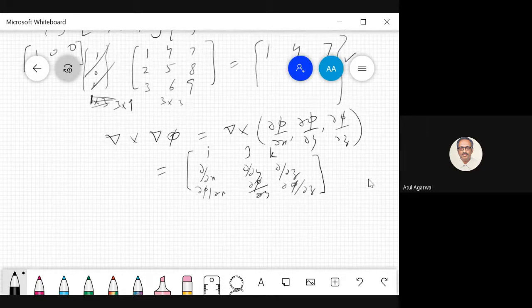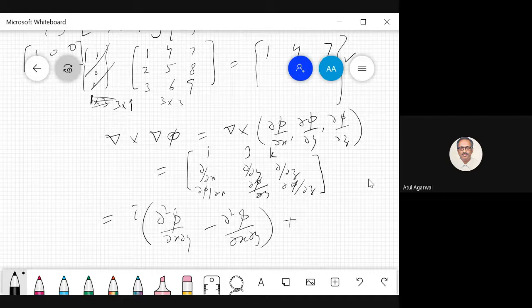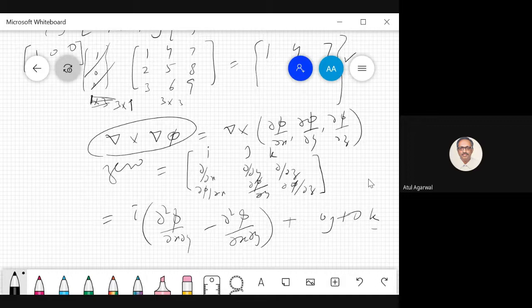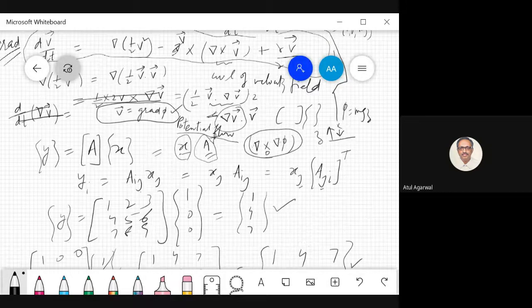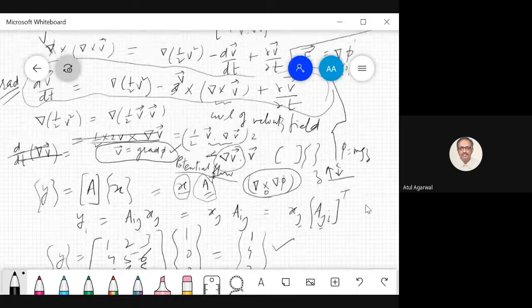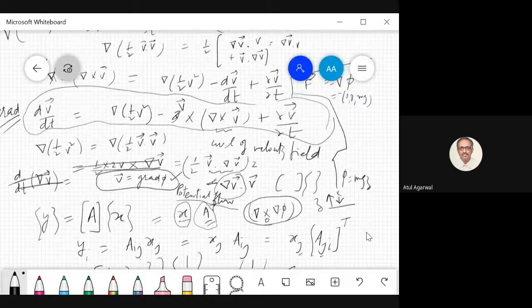So you look at i, del square phi by del x del y. Again, you see this term is zero. Similarly, you will find other terms also going to zero. So this term is zero. So if you go back to that, you see you have knocked out one term.